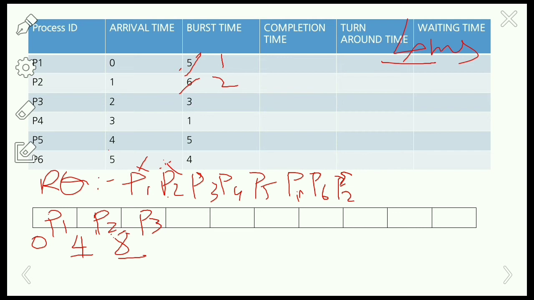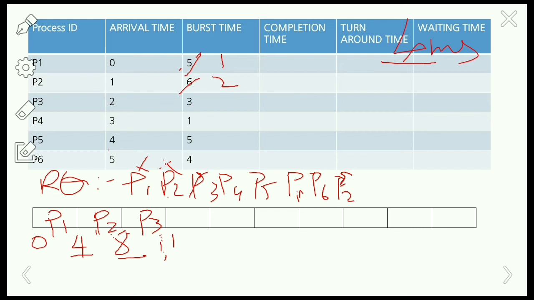It will execute for 3 milliseconds and finish its execution, so 9, 10 and 11. P3 will be taken out from the queue, as P3 has finished the execution.